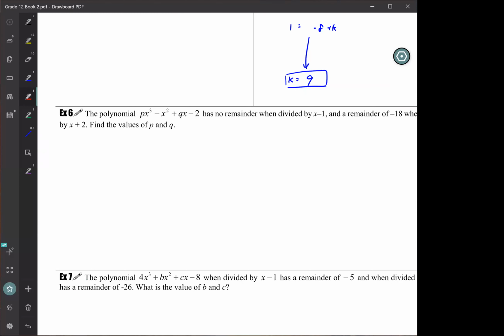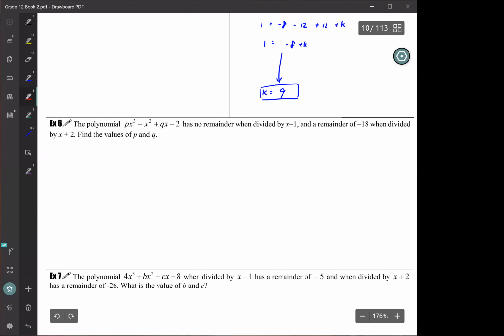And it will have no remainder when divided by x minus 1, first part. And it will have remainder of -18 if you divide it by x plus 2. So please find p and q. P is the coefficient for x cubed. Q is the coefficient for x.